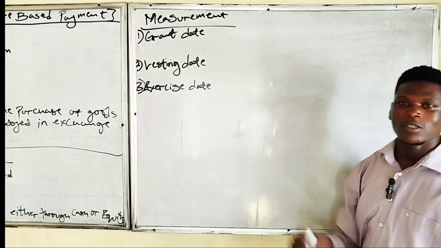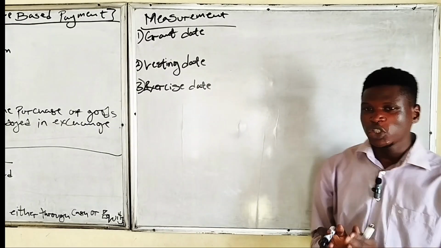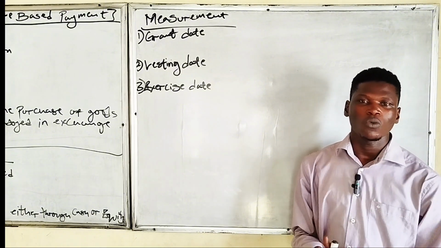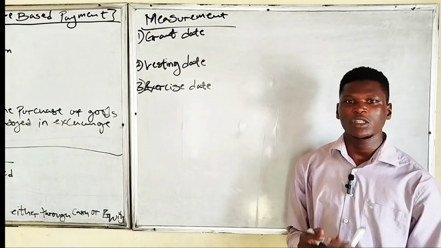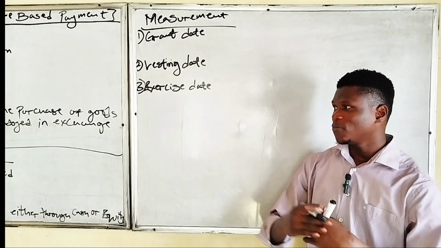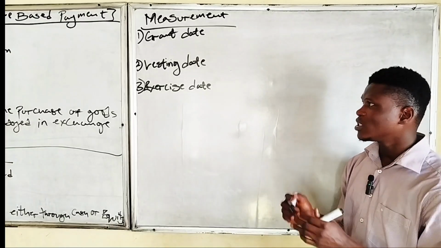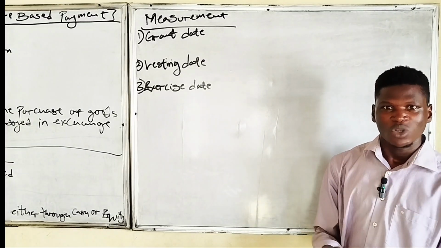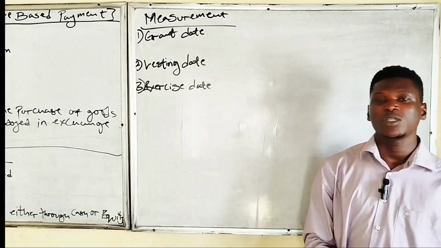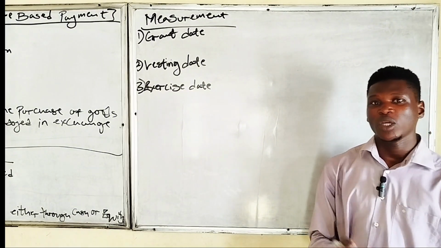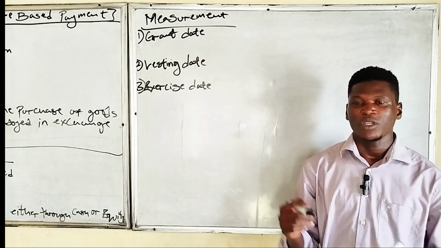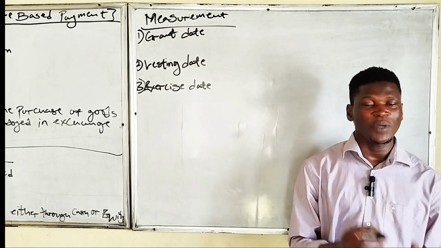Now the vesting date is the date which conditions are being met. So vesting date relates to something called vesting condition. Vesting conditions are those criteria that must be taken into consideration before you can be entitled to this share-based payment. For example, employees whose services we enjoy, we want to pay them back through shares instead of paying them salaries and wages.